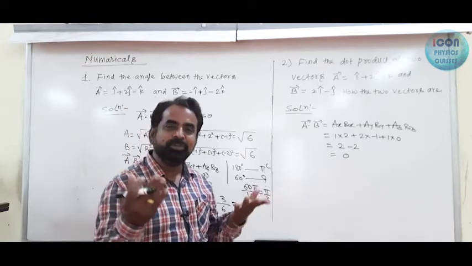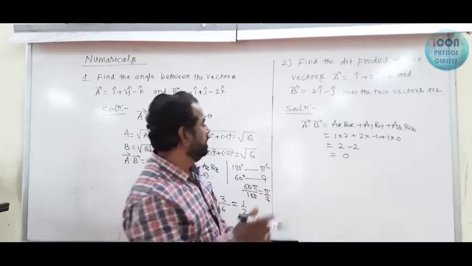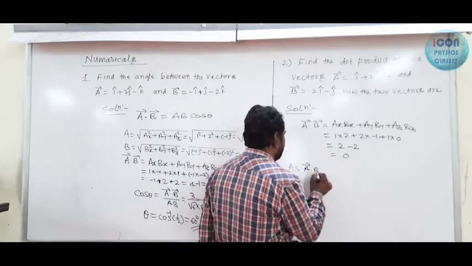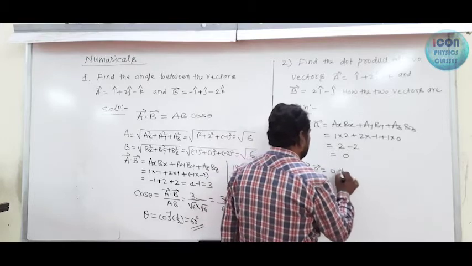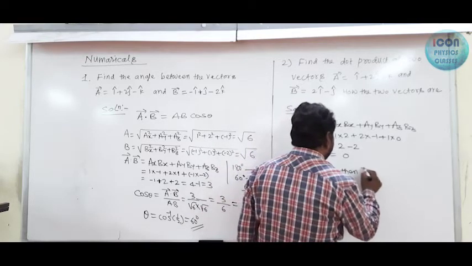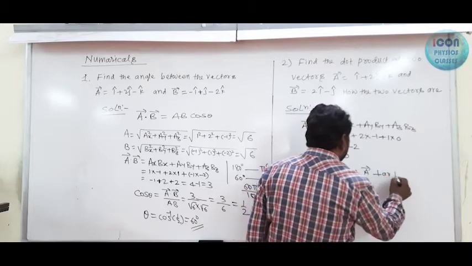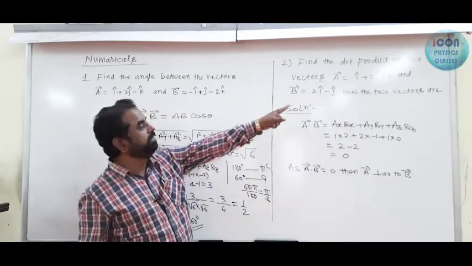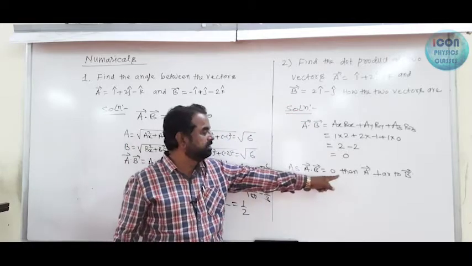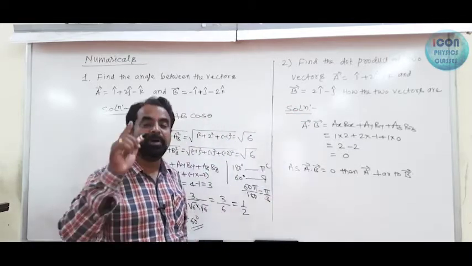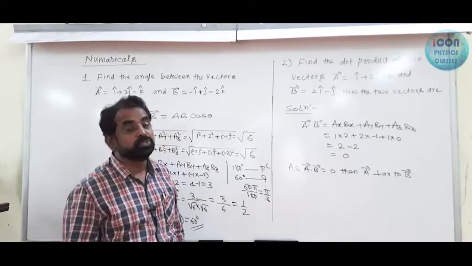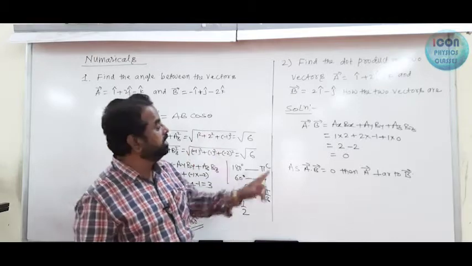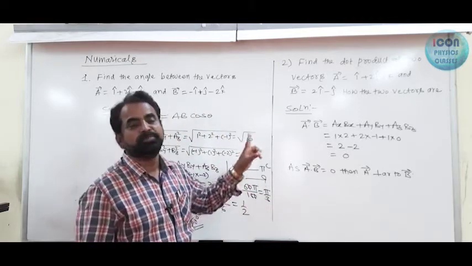As A dot B is equal to 0, vector A is perpendicular to vector B. These two vectors are mutually perpendicular to each other, and hence this is the solution of this problem.